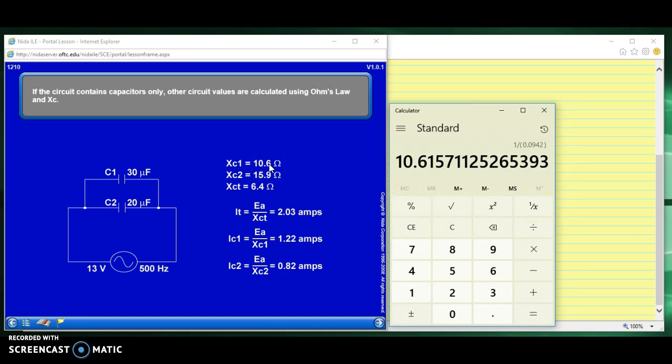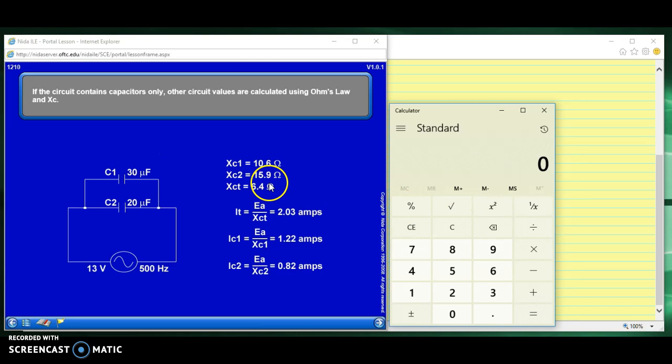So we got the same value for X of C1 they did. So we're going to take 2 pi again, 6.28, times frequency, which is 500, equals, and times 20 microfarad for C2, 0.000020, and again 6 places, yep, that checks, equals, divide that into 1, 15.9. So we got the same value for X of C1, X of C2.